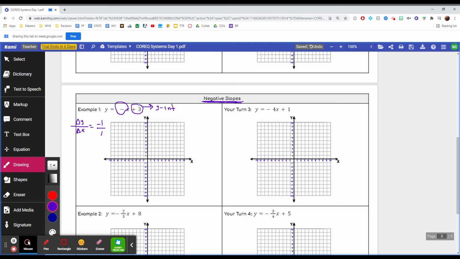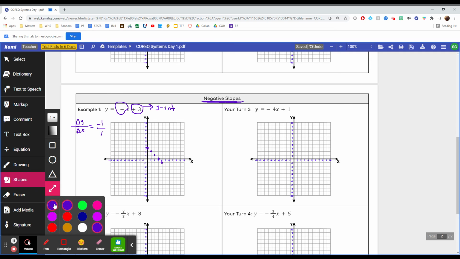Okay, so let's go ahead and graph our y-intercept, which is 3. So we'll be at this point. Then I'm going to go down 1 on the y since I have negative 1, and 1 to the positive on the x. Down 1 on the y, positive 1 on the x. Down 1 on the y, positive 1 on the x. And you can keep on going if you want to add more points.